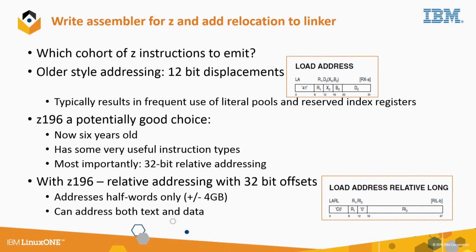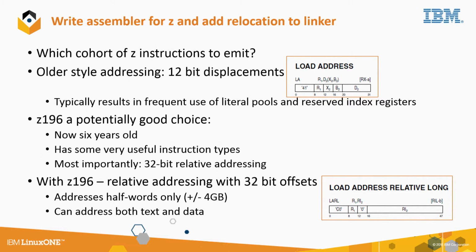Those are Power instructions. And then we had to decide, okay, Z's been around since the 1960s, and every generation they add new instructions and new addressing forms. The Z13 has some new ones, so we have to decide which generation or cohort to emit. About 6 years ago, the Z196 came out, which has some wonderful instructions.